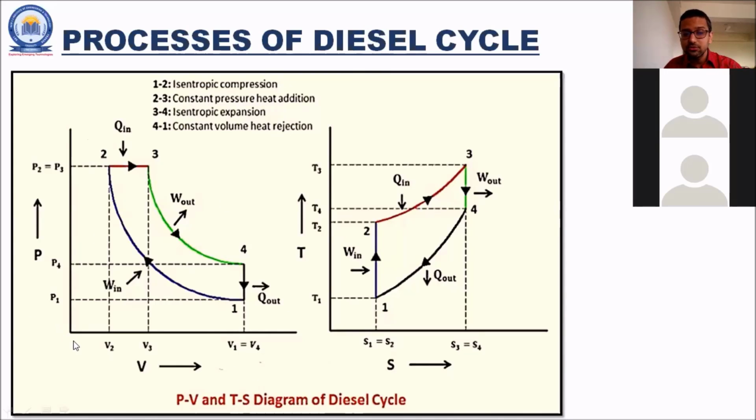In this figure also you can mention that from this 0 point to the volume V2 is considered as the clearance volume Vc, and starting from V2 to V1, this entire volume range is considered as the stroke volume or the swept volume. And one important thing, friends, remember that in the 2 to 3 process, whenever we are supplying the diesel fuel in the practical diesel engines, we will be using the injectors.